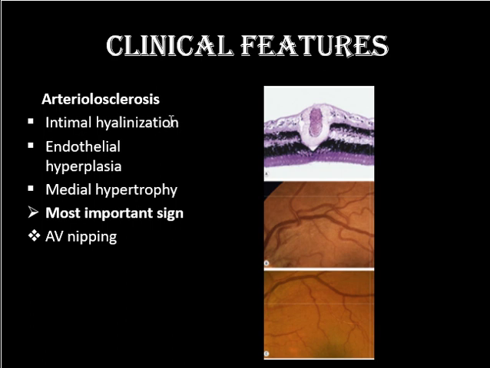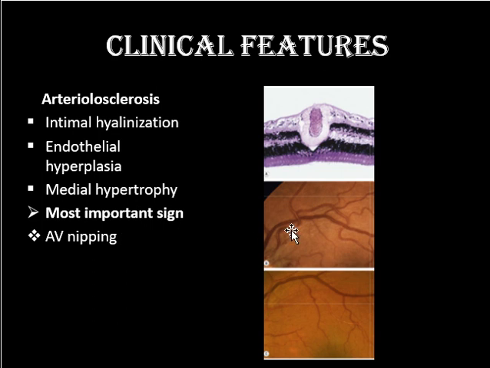There is intimal hyalinization, endothelial hyperplasia, and hypertrophy of the media, the medial layer of the arterioles or the arteries. And the most important sign of arteriosclerosis is AV nipping, or AV nicking.